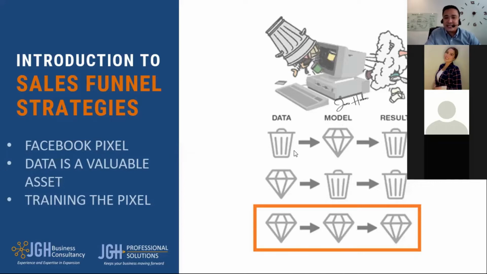Or the other way around, very relevant ang data, pero yung platform has no capability to track this information. So wala pa rin. So the bottom line is structure the platforms properly, okay? And train the pixel, okay? Meaning feed these platforms with the right information, with relevant information.